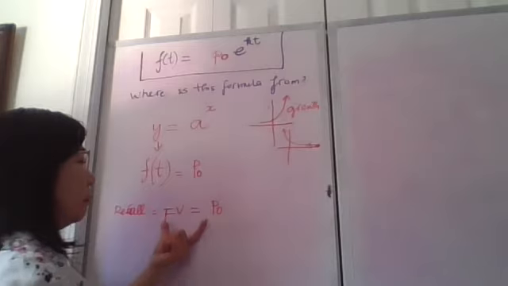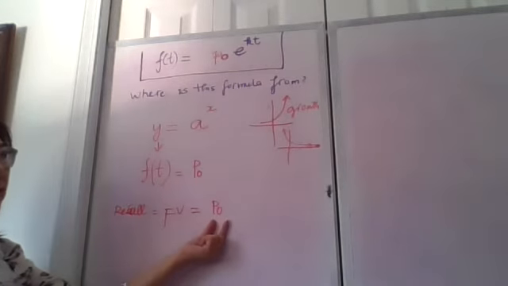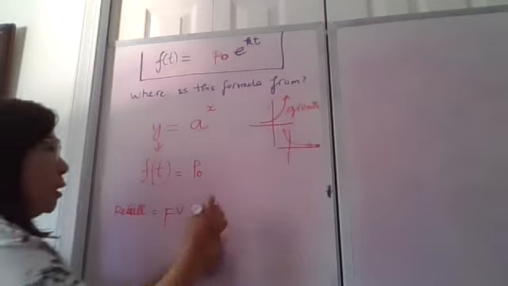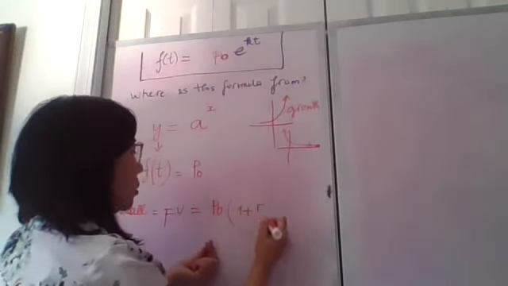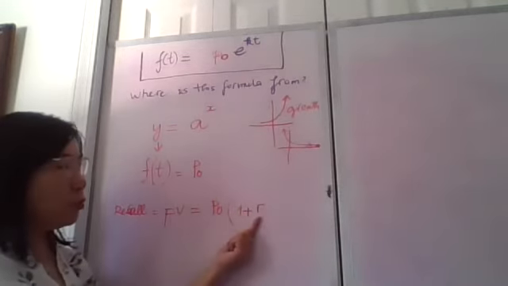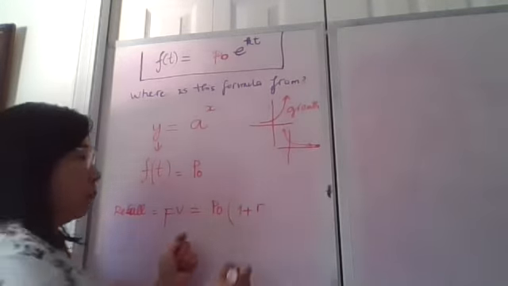And FV stands for future value. So this P0 is the principal you invest at the beginning, times 1 plus the rate of interest the bank gives you, could be 2% or 3%, whatever, which is represented by R, rate, right?